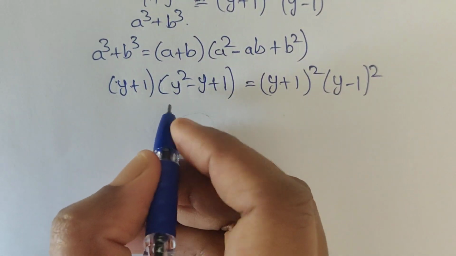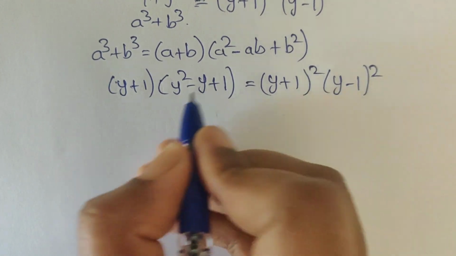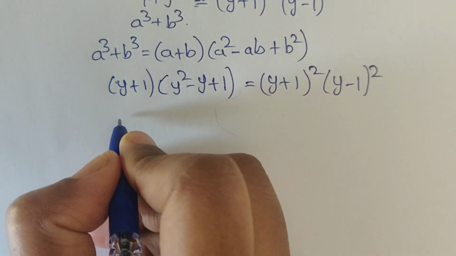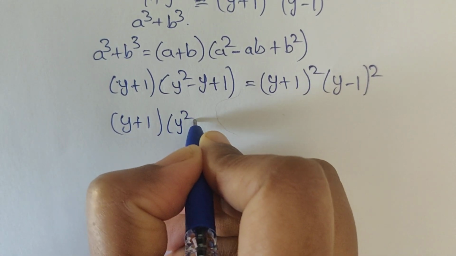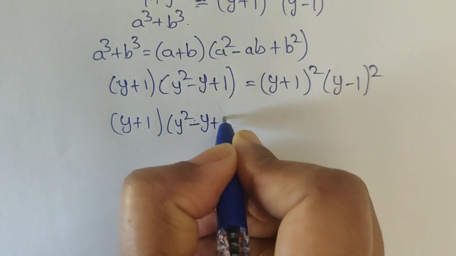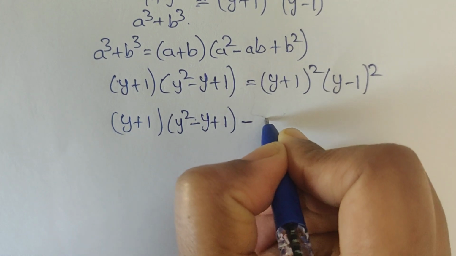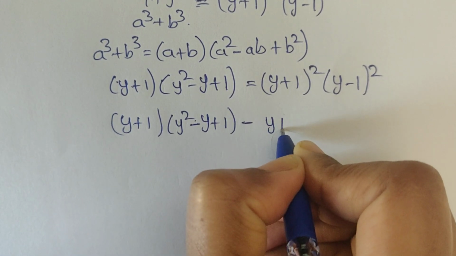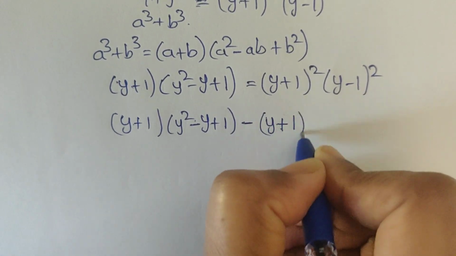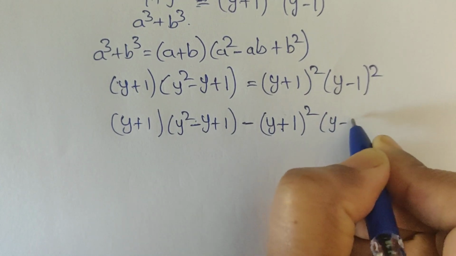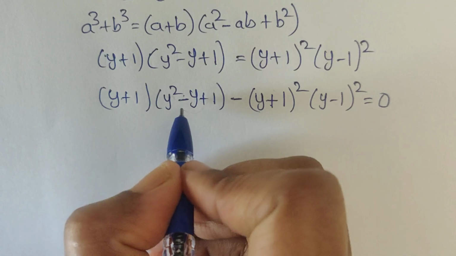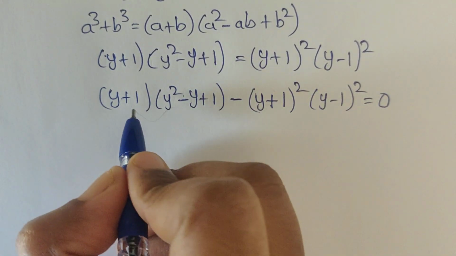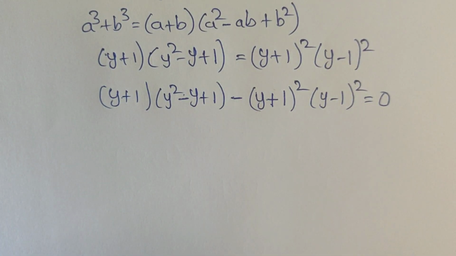So now move this term to the left side. Now it will be y plus 1 times y square minus y plus 1 minus y plus 1 whole square times y minus 1 whole square is equal to 0. Here you can see in these two terms we have a common factor, that is y plus 1.